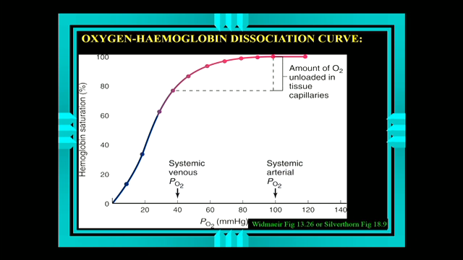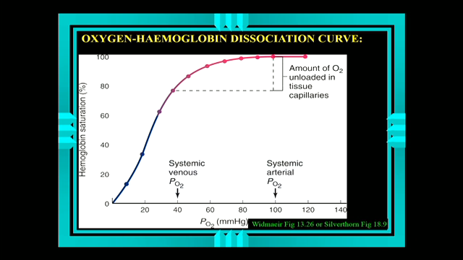That's very useful for you and me, because we can drop our PO2s to 90, 80, 70 without suffering any significant reduction in our saturation of haemoglobin. So you and I won't even know that the PO2 in our blood has dropped from 100 to 90, 80, 70, even 60. So that's the functional relevance of having a flattened region in the top part of our haemoglobin oxygen dissociation curve.